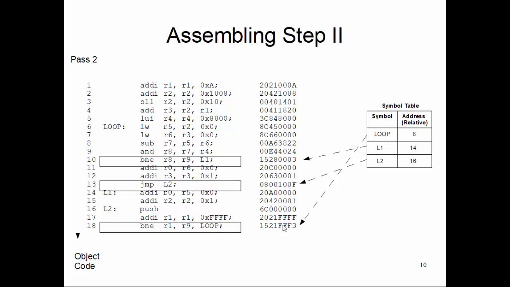That somehow part will come later, maybe two or three lectures down the line. So that is how it generates your machine code. It takes the symbol table created in step 1 and combines that information into step 2 when it is generating the machine code.